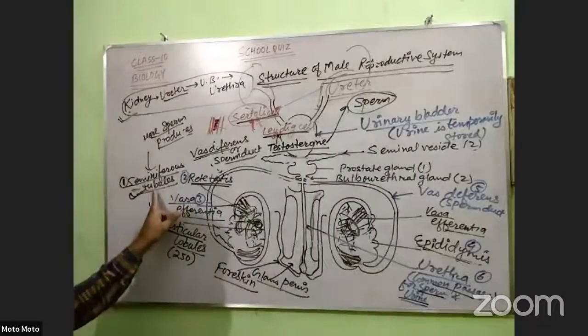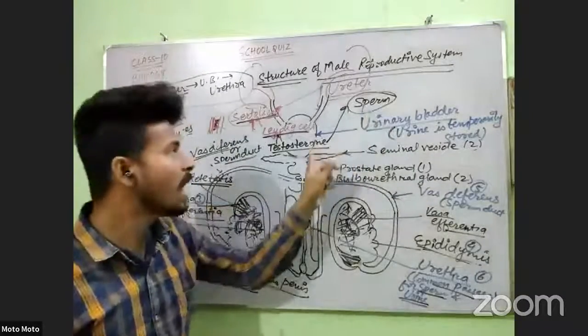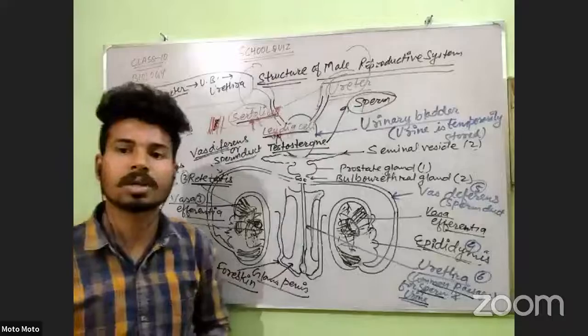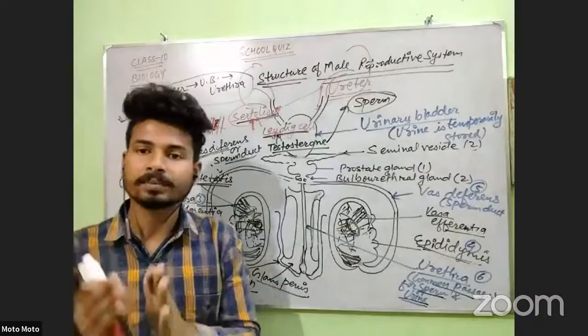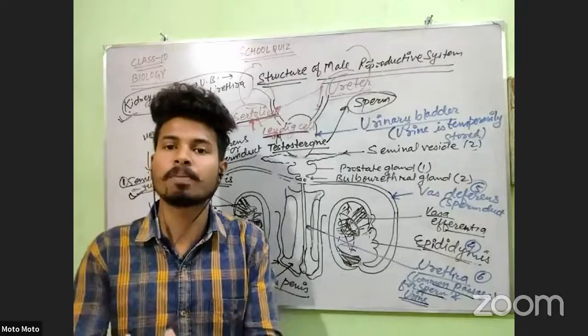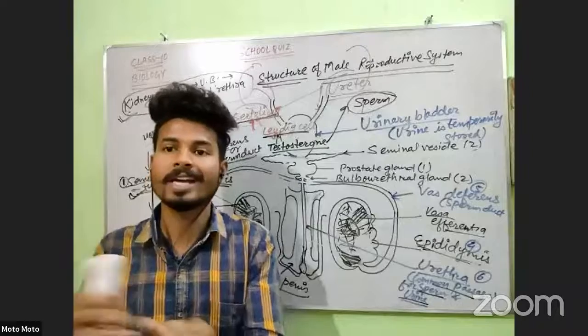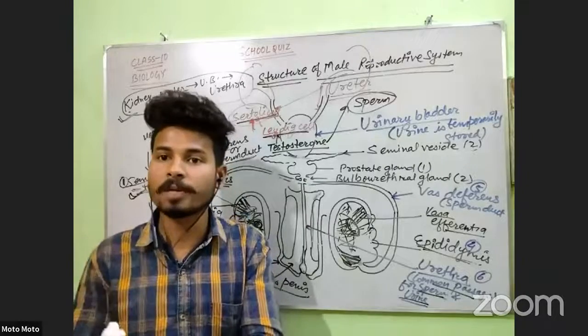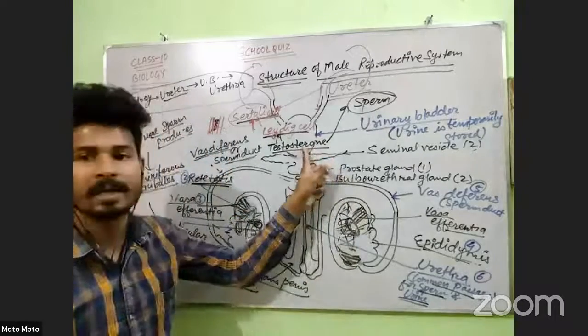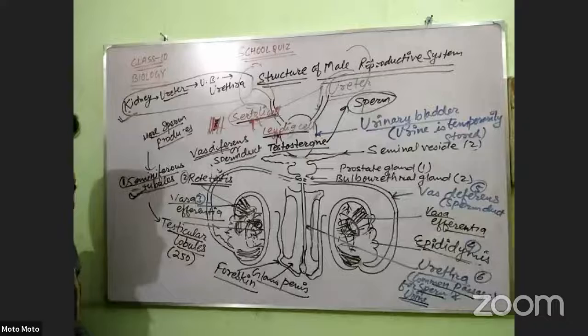Yes, sir. So our answer will be testosterone, because the question was which hormone stimulates the production of sperm. So the production of sperm is stimulated by testosterone, right? Are you clear? Yes, sir.